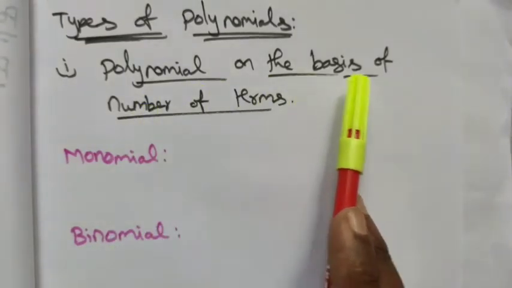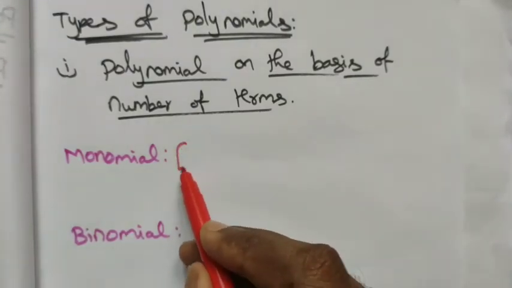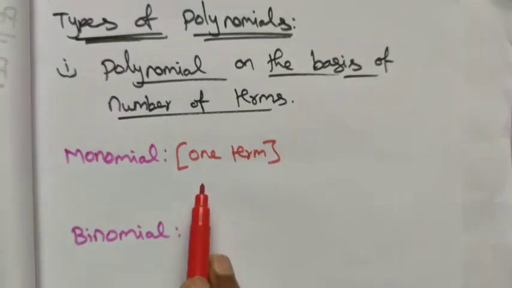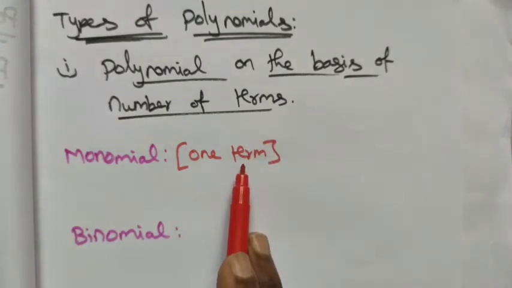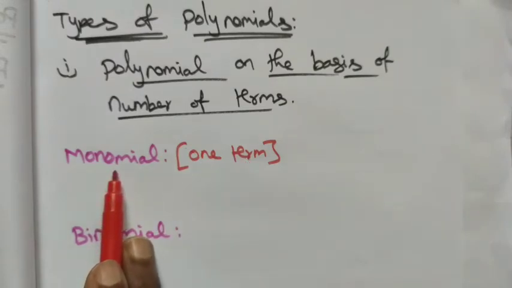Polynomials on the basis of number of terms. Monomial means it has only one term. Algebraic expressions that contain only one term we call a monomial, that is a single term.